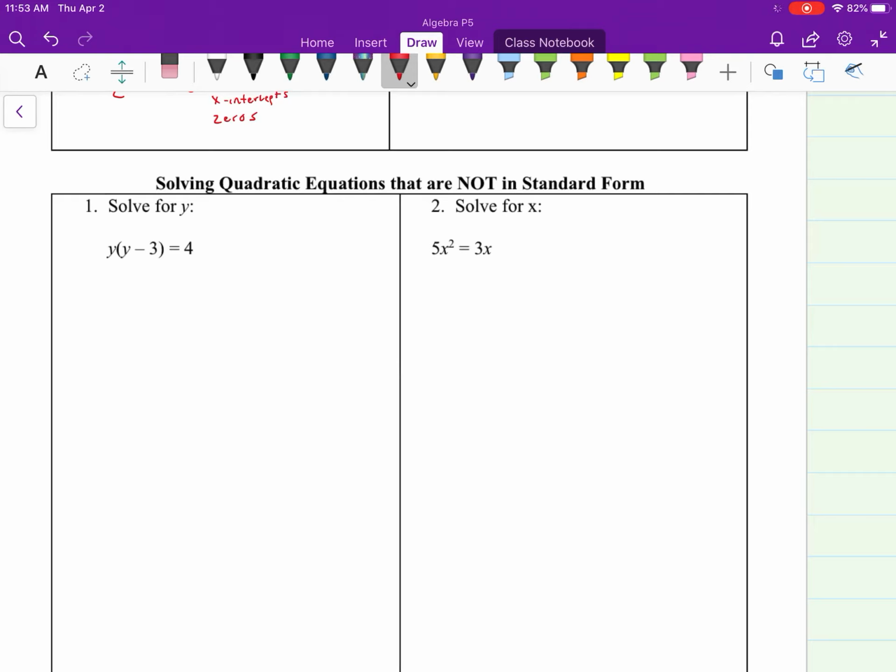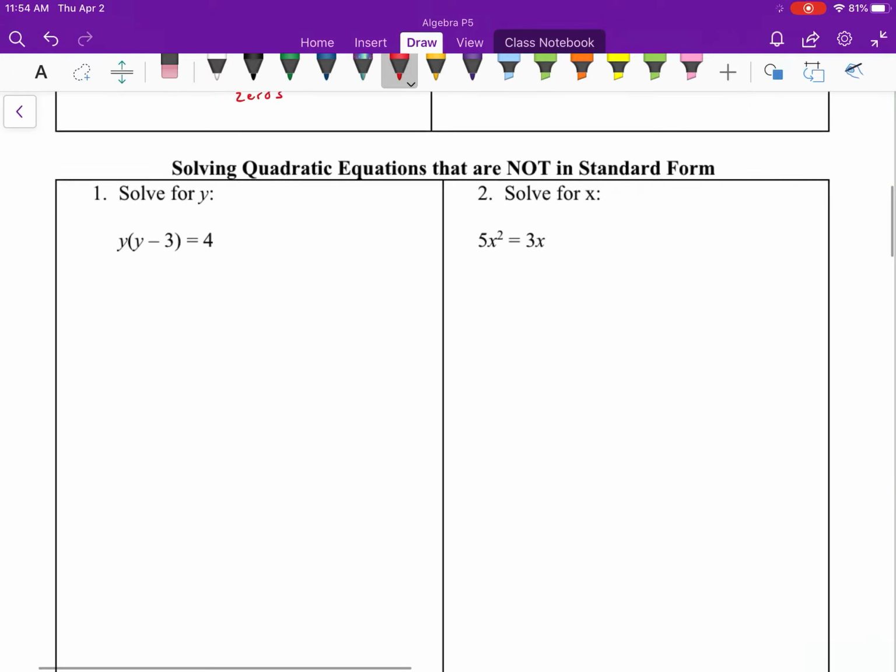And I'm assigning a Delta Math that I'm going to make due Monday midnight. So really like Sunday at midnight or Monday 12 o'clock in the morning. So you have today, tomorrow, Saturday, and Sunday to get it done. All right. So y parentheses y minus 3 equals 4. One thing I noticed is that it's not equal to 0. It's not in standard form.